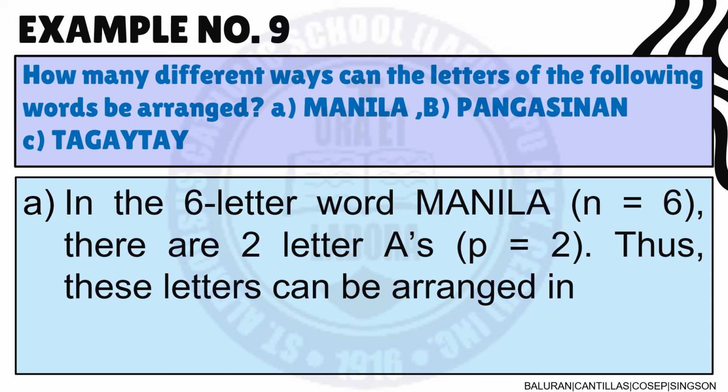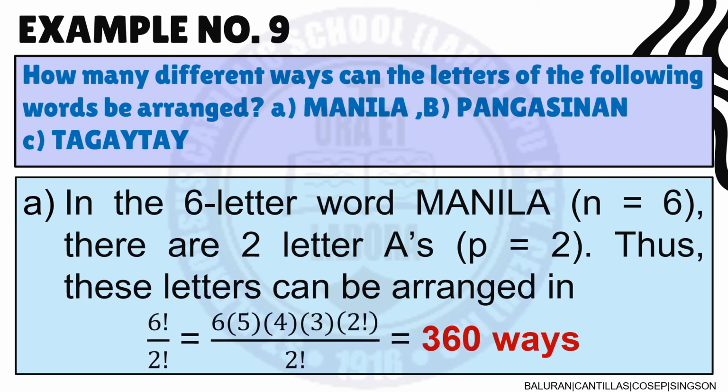We have 2 letter A's, so that will be our p, and that is equal to 2 since A here is repeated twice. Thus, these letters can be arranged in 6 factorial over 2 factorial. Then simplify. So cancel out 2 factorial. Then the correct answer is 360 ways.